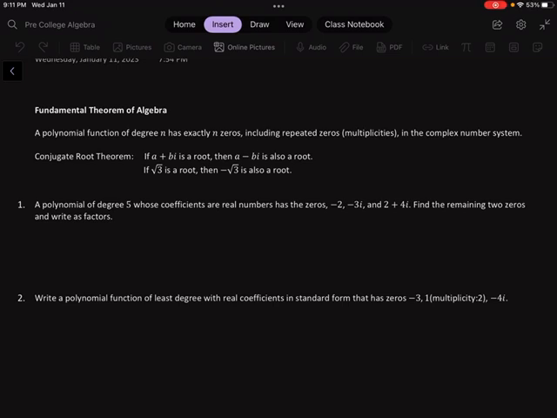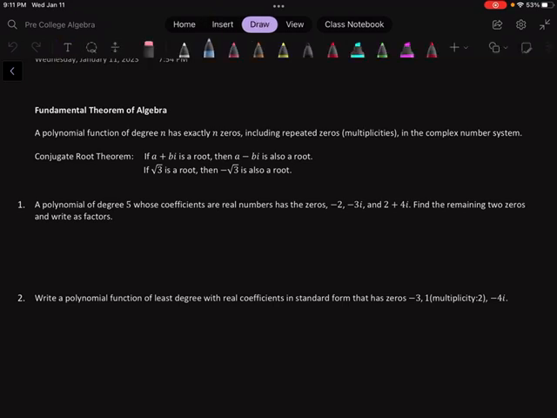But if there's conjugates, like the conjugate root theorem is saying that if we have a complex number as a zero, its conjugate is also a zero. So when we did operations of complex numbers, we had to multiply the denominator by its conjugate to get a real number, right? And then this one is like a radical solution.